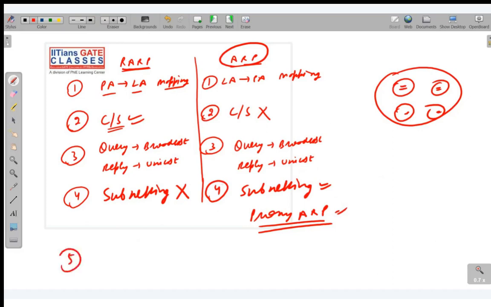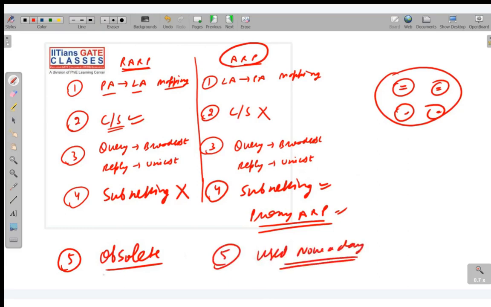Next important point is RARP is obsolete nowadays. It is not used, obsolete, and ARP is used nowadays. Why is it obsolete? Obsolete means not used. Why is it not used? Because it is not economical. In subnetting you are not able to use it, so you have to install multiple servers. Number of subnets means number of servers.